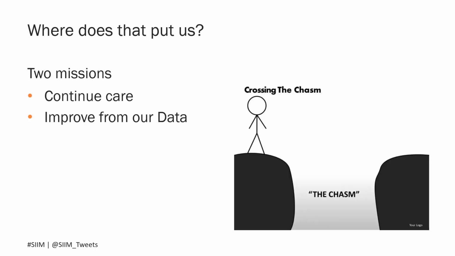So where does this situation put us as informaticists? Keeping in mind two base principles of continuing care and improving the care based on the data that is given, this puts us in a very interesting predicament. More often than not, these systems do not natively exchange information between each other. This can be due to a multitude of factors.